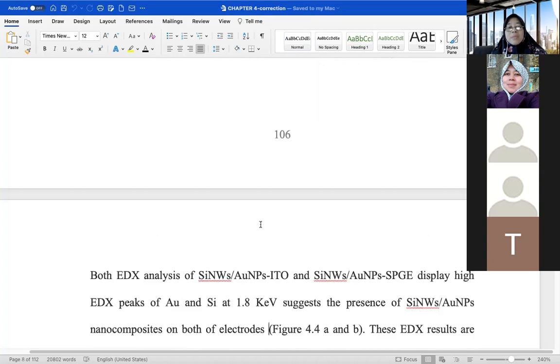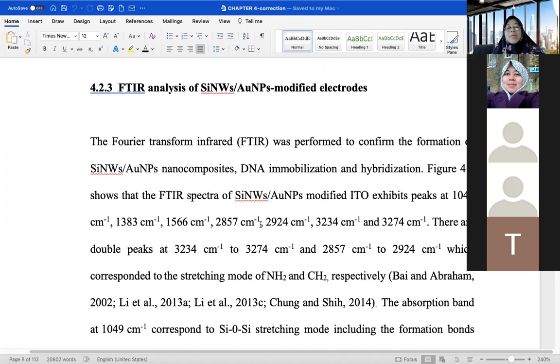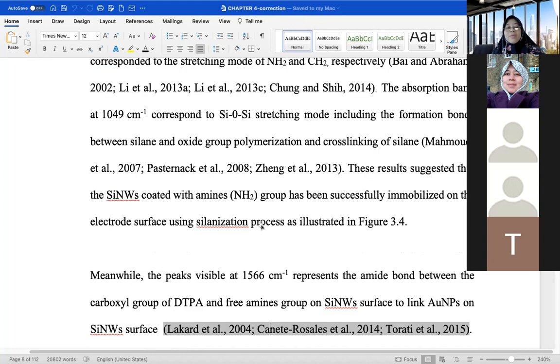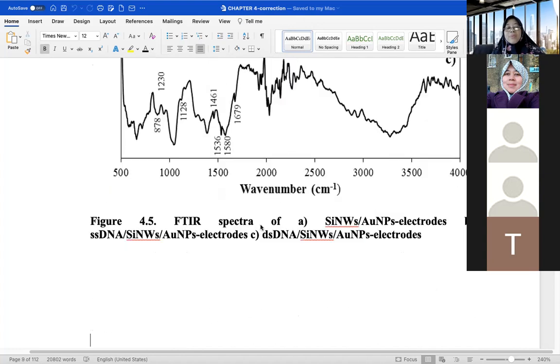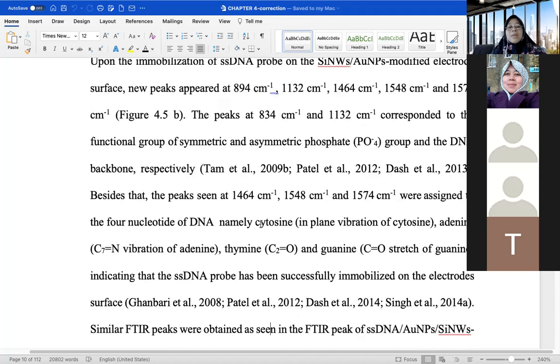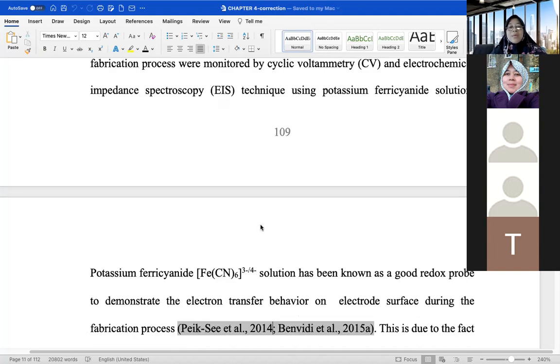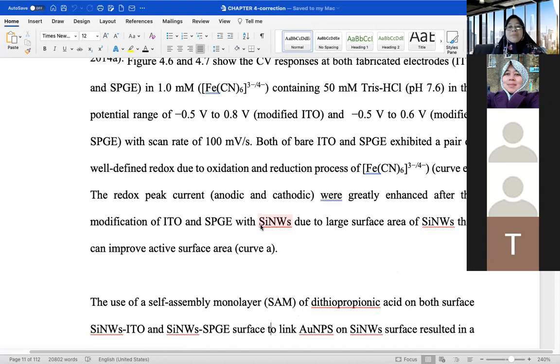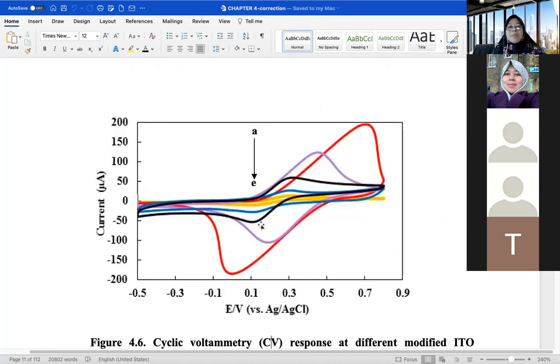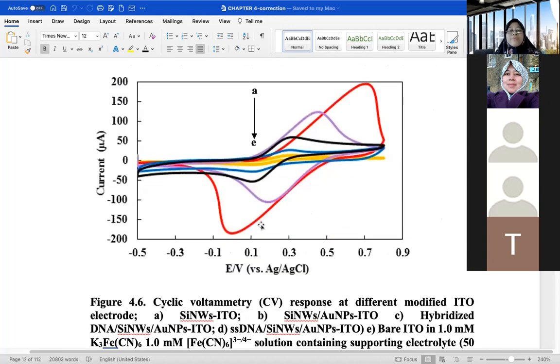All right, so let's move on. At the beginning, of course, this is what we want to talk to people before we talk about the application. Let's move on to a few things that I would like to highlight. In this case, this is what we call CV, cyclic voltammetry.